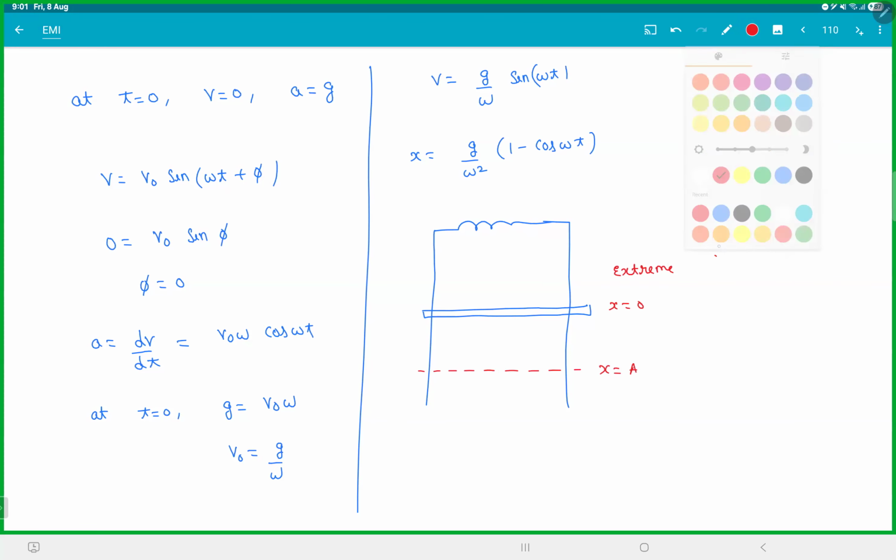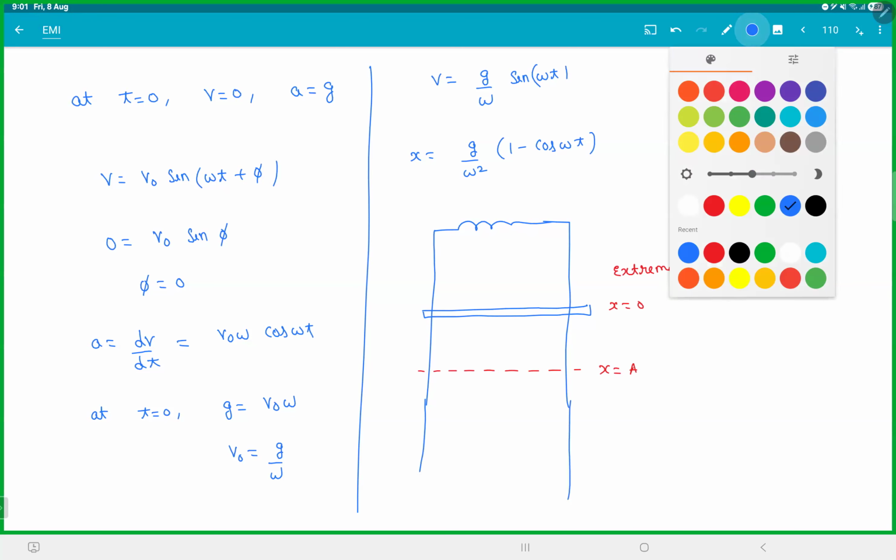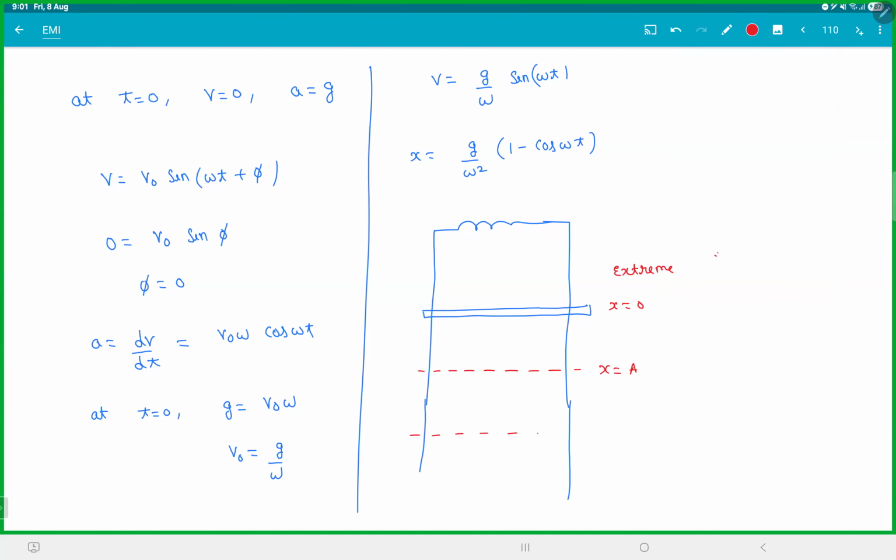It won't stop there, it will go to the other extreme. So this would be the maximum distance it will travel. This is another extreme position. This is your mean position. And amplitude is how much? Amplitude is g by omega square. So this rod will keep moving between 0 to 2a. That is the maximum distance it will go down before taking a turn.